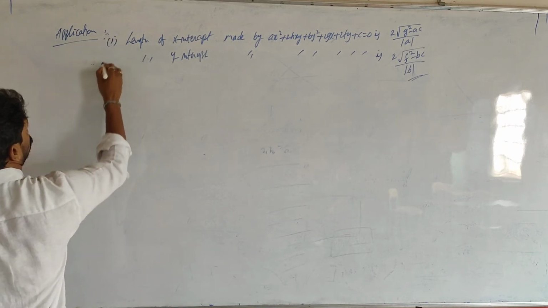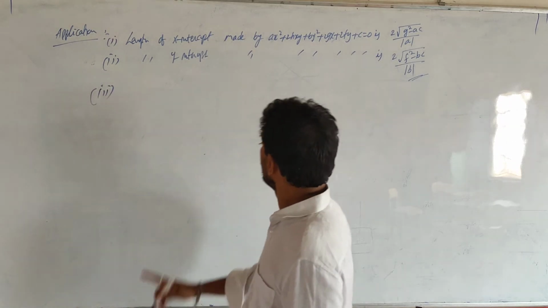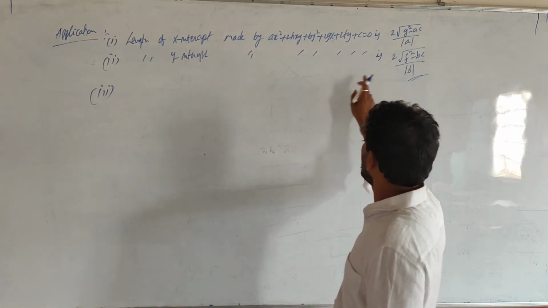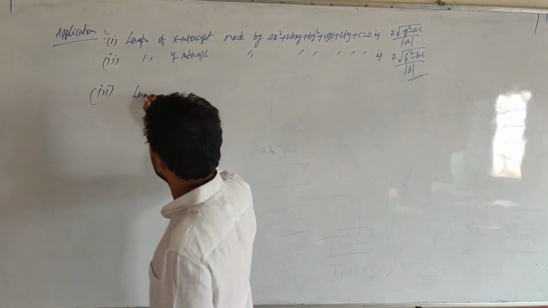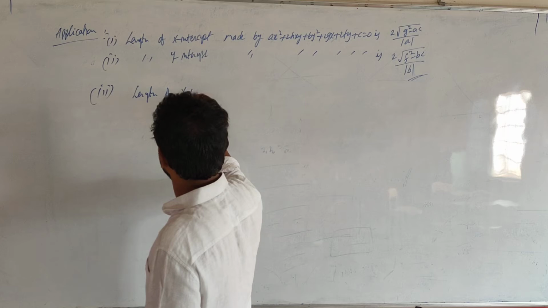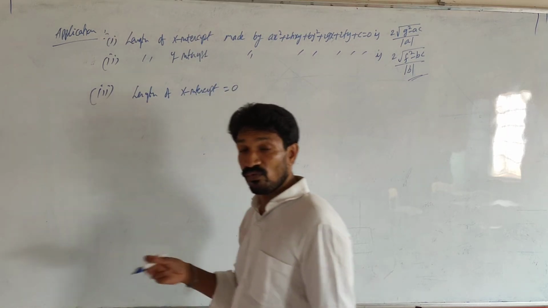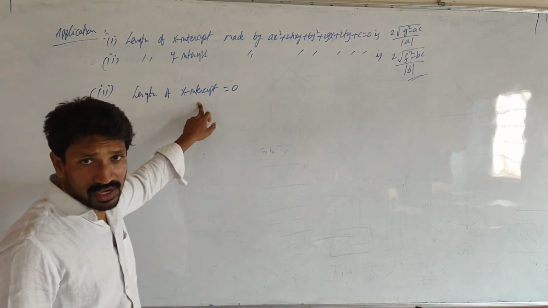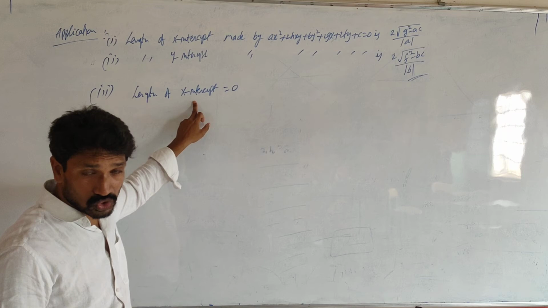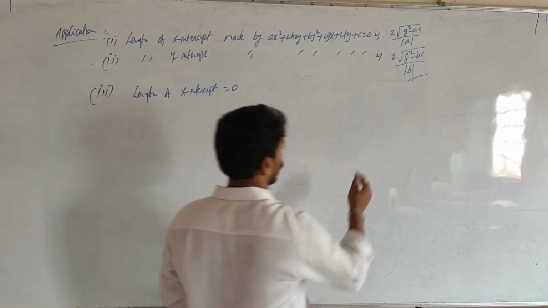This one we take as first point, this one second point. If length of x-intercept is equal to 0, when those two lines intersect on the x-axis, then only you get one point.